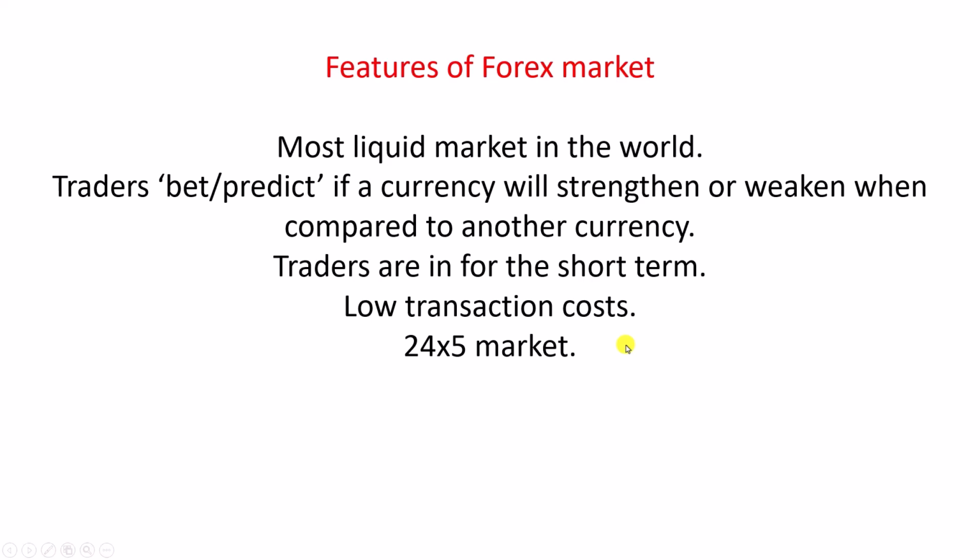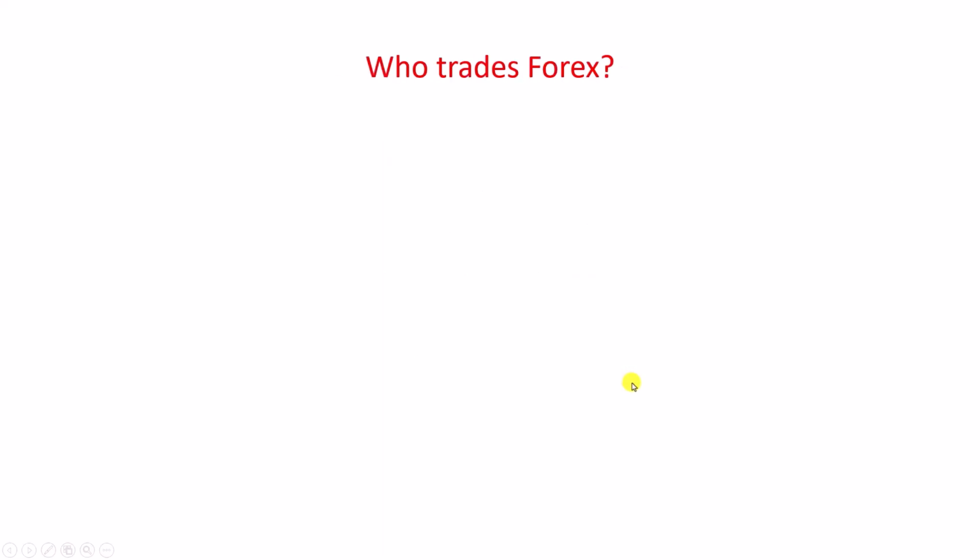All right. Next is that you can get high leverage for trading in forex. Okay, meaning you can trade in the forex market with less money or less capital. All right. So these are the features of the forex market. Now the question comes, who trades forex?